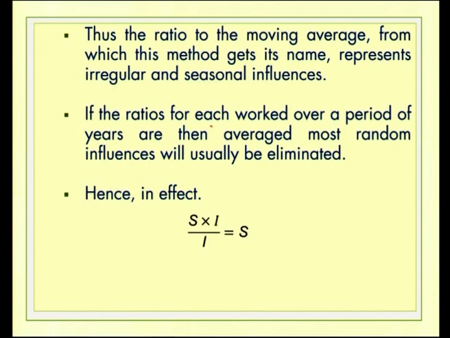If the ratios for each month worked over a period of years are then averaged, most random influences, that is irregular variations, will also be eliminated. Hence, in effect we have S into I. When we take the average of averages, irregular variations also go out and we get only the seasonal variations.